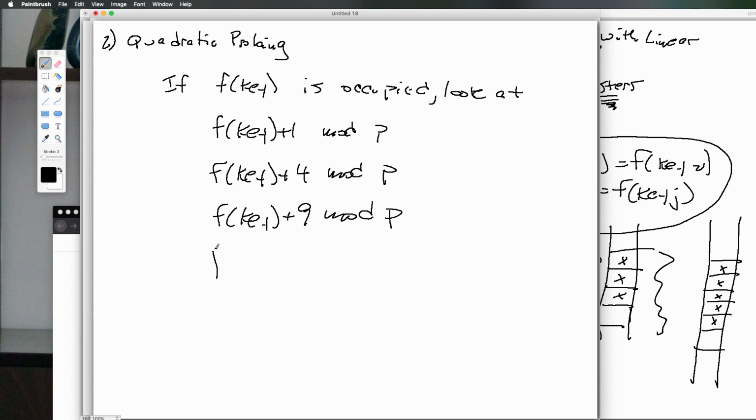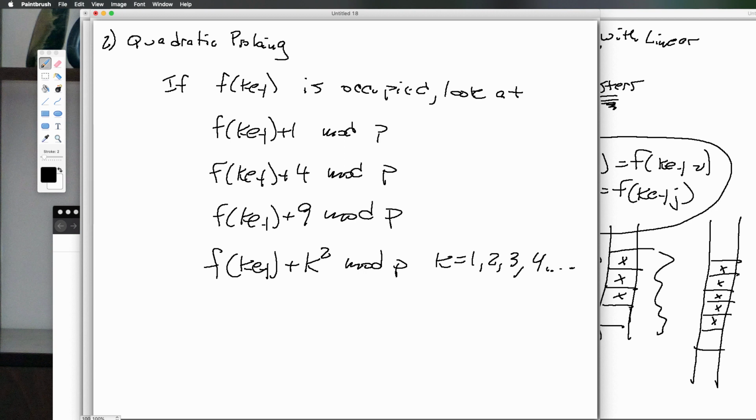And basically you just want to look at f of key plus k squared mod p for k equals 1, 2, 3, 4, like that.